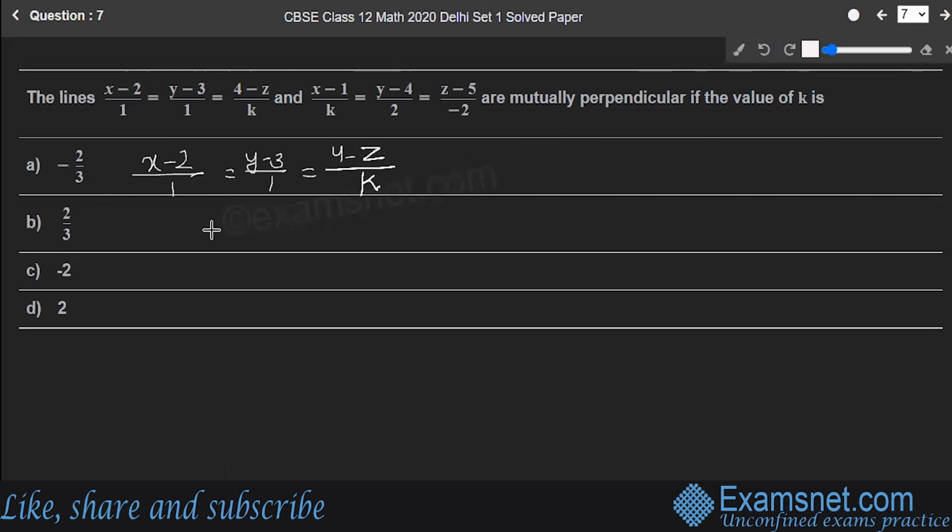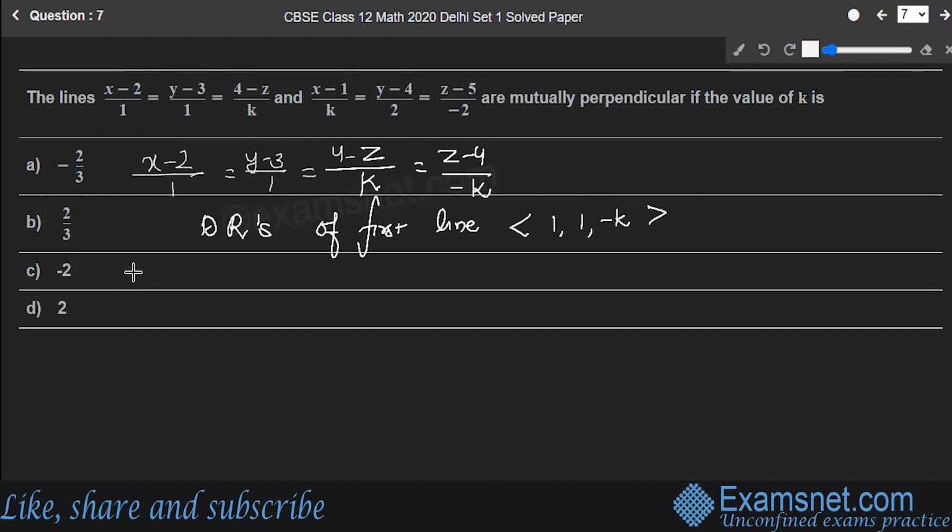Now the direction ratios of first line are 1, 1 and minus k. Because I want to have the non-negative coefficient of z, it will be written like this. Okay. So these are the direction ratios for the first line.